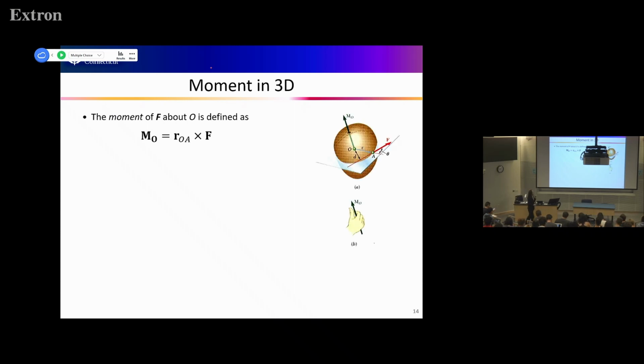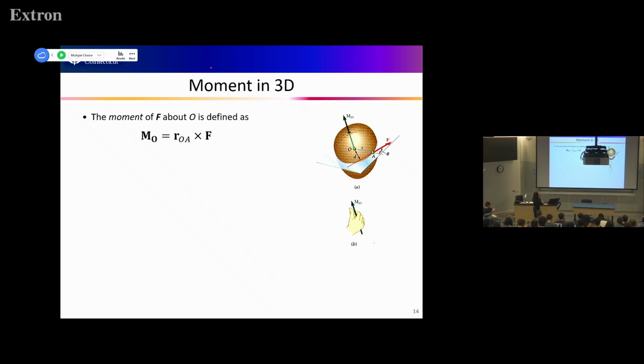So it is 3D space here, and this is O, the origin or reference point. We want to calculate M sub O. And the force vector is here, in 3D. Some force induces some rotation of this body in this direction, right?